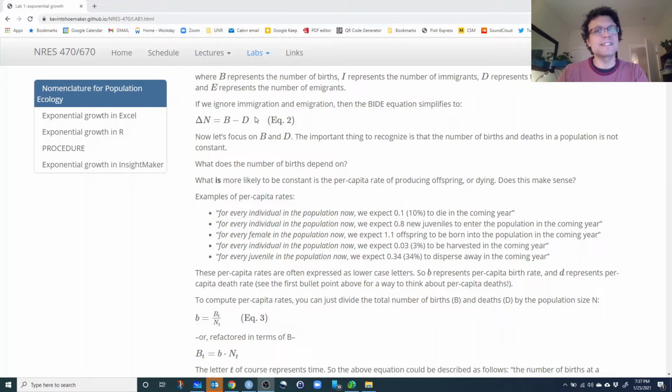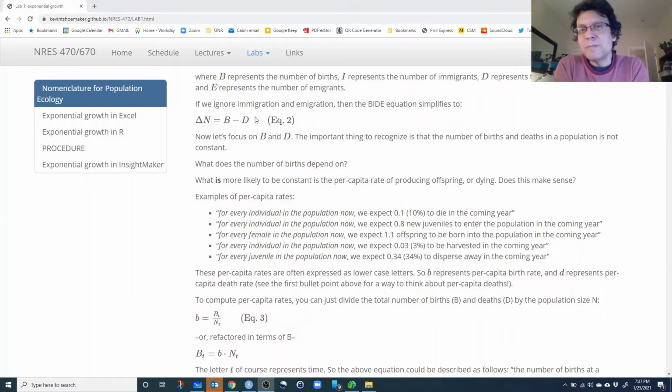The issue is that B and D aren't really constant. The bigger the population is, the bigger you'd expect big B and big D, the total number of births and the total number of deaths. And you can imagine a population of size 10 and the total number of births in that population versus a population of size 1,000 and the total number of births in that population. Obviously, the total number of births is going to be bigger in the population of 1,000.